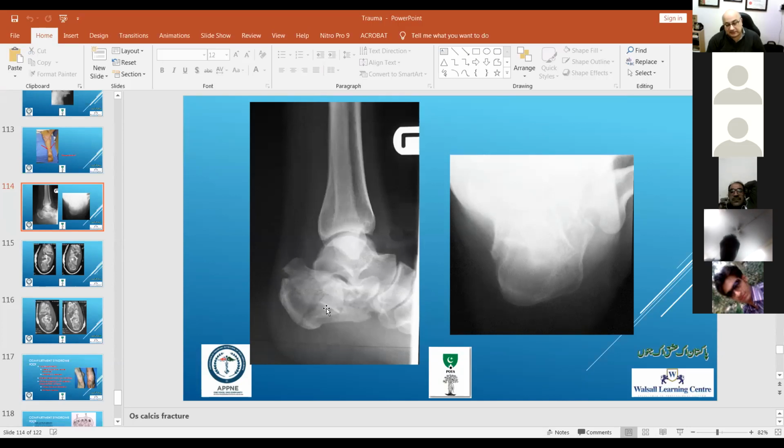What are those angles? The Gissane angle is basically an obtuse angle. You can see you've got one bit there, and you have the other. If I was to ask what is happening to the Gissane and Bohler's angles in this X-ray, the Gissane angle is reducing and Bohler's angle is increasing.